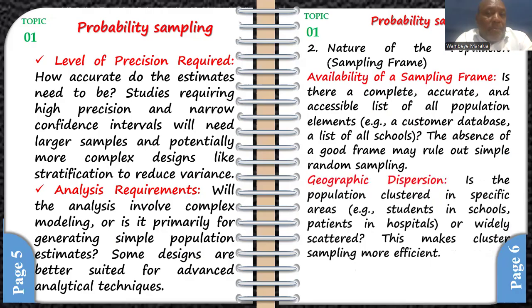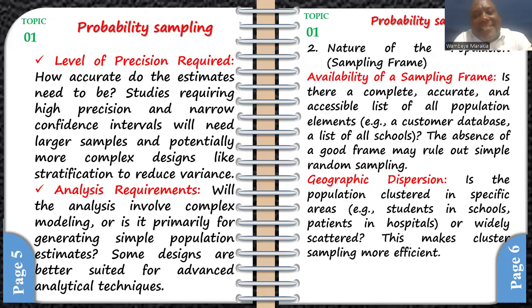Number 2, the nature of the population, the sampling frame you are dealing with. And this calls for you to look at the availability of the sampling frame. Is there a complete, accurate, and accessible list of all the population elements? Second, geographical dispersion.